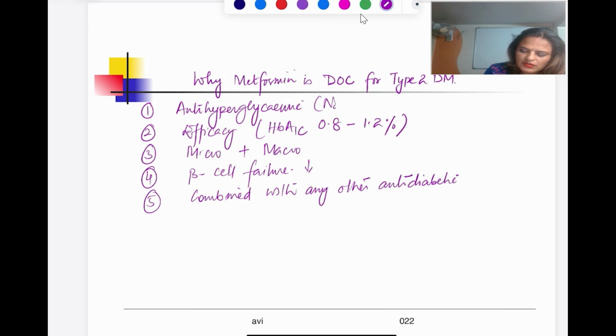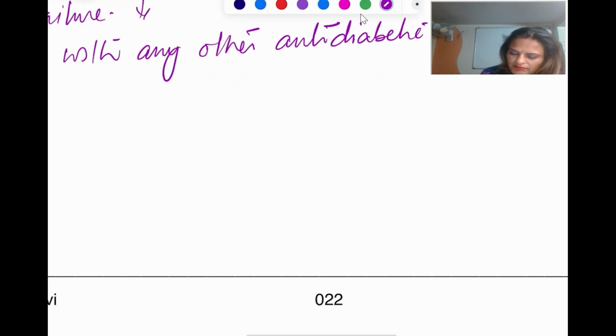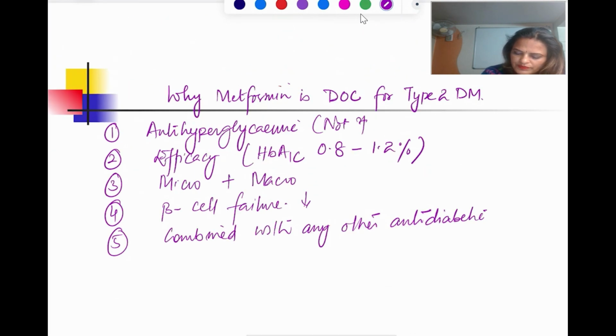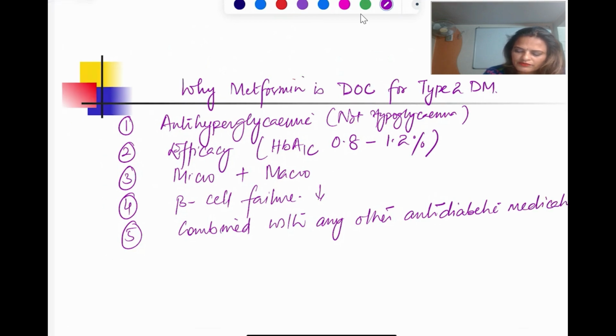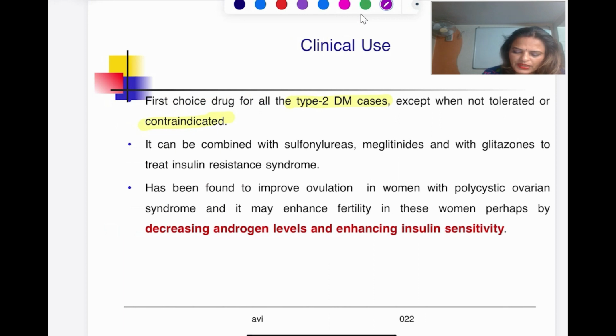It is anti-hyperglycemic, good efficacy, takes care of and reverses both micro and macrovascular complication. It is going to inhibit the beta cell failure, and we can combine this with any other anti-diabetic medication. So that's why it is a first drug of choice for the type 2 diabetes mellitus.